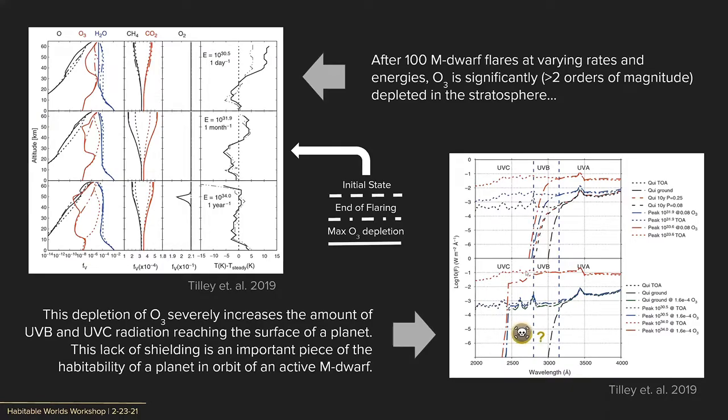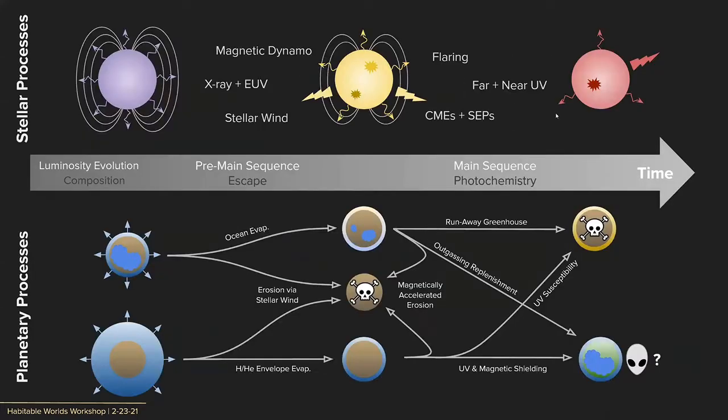And so we know that UVB and UVC are pretty harmful to the formation of organic molecules, let alone life. So if a planet is being inundated by flares at this frequency and of this magnitude, flares and particle events, that would probably not be such a great picture for life.